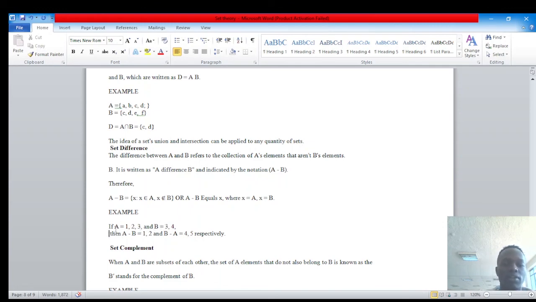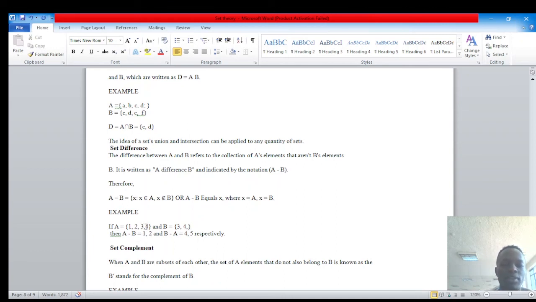Elements in A are 1, 2, 3, and elements in B are 3, 4. So set A difference B is equal to 1, 2.